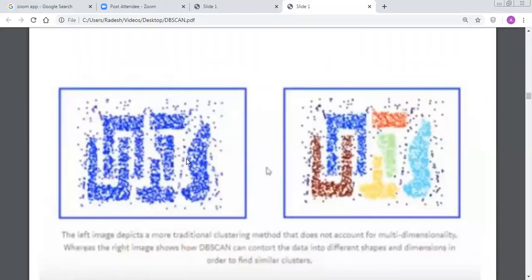But here, the entire noise and everything is becoming part of a cluster by implementing k-means and hierarchical. We couldn't come across any of these things.